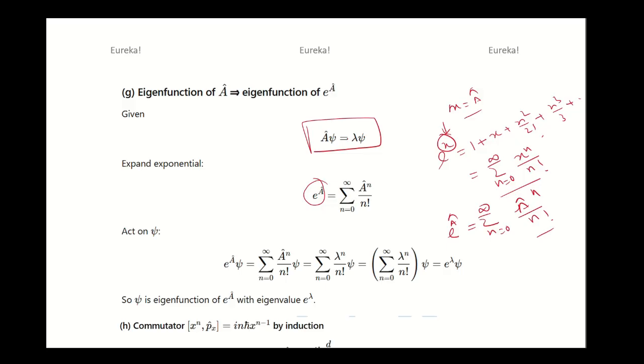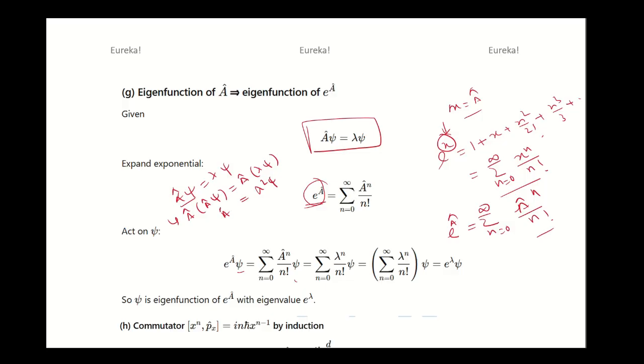So if we operate this operator on psi, what will be the form? If we operate A on psi, it gives lambda psi. If we operate A again on this, that is A of A psi, then it gives A lambda psi, which will be lambda square psi.